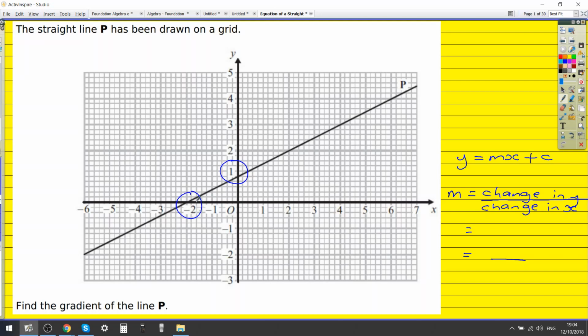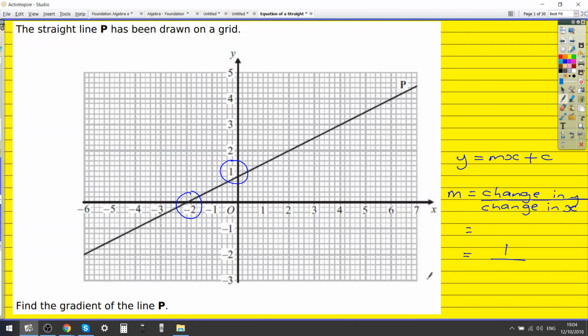What's the y coordinate down here? What's the y coordinate up here? The y coordinate for the bottom one is 0, and for the top one is 1. So the change in y is 1.